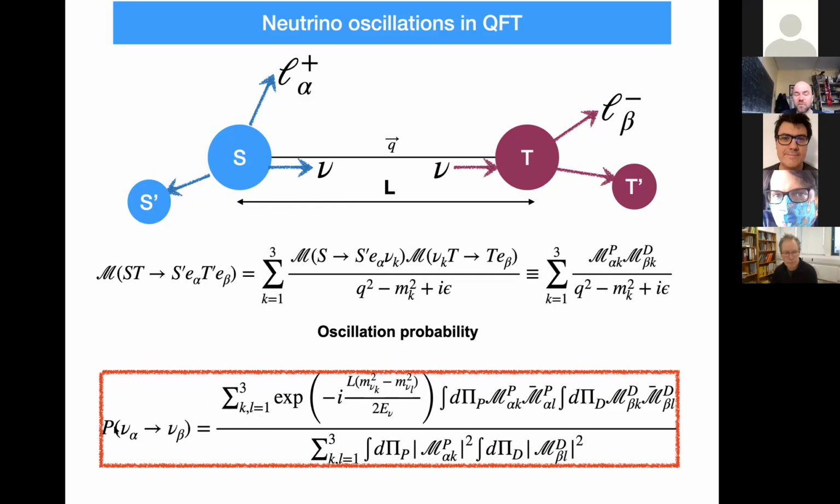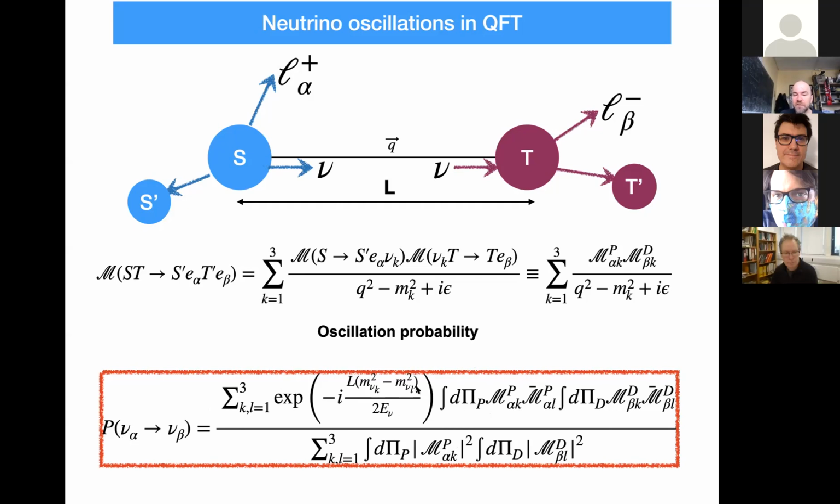for the probability of oscillation of a neutrino of flavor alpha into a neutrino of flavor beta, and it's all just amplitudes. So these M's are just amplitudes for the production process or for the detection process that you calculate the usual way using Feynman diagrams. This d pi is the phase space for the production and the detection.